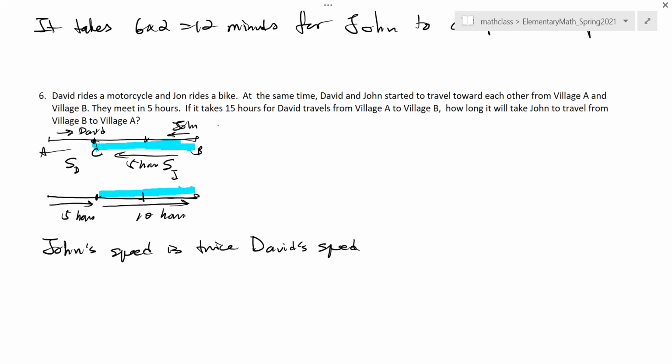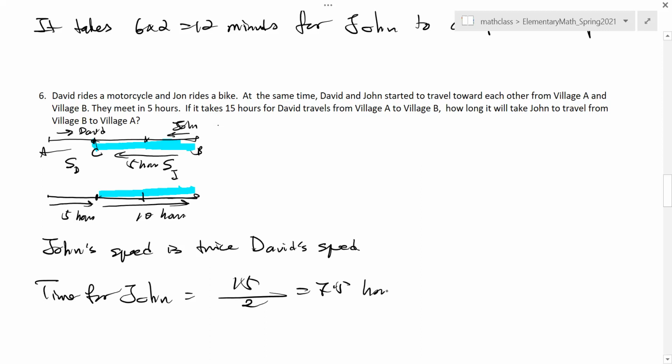It takes 15 hours for David to travel from A to B. Then it will only take half of the time for John to travel from B to A. So the time for John should be equal to 15 divided by 2, 7.5 hours.